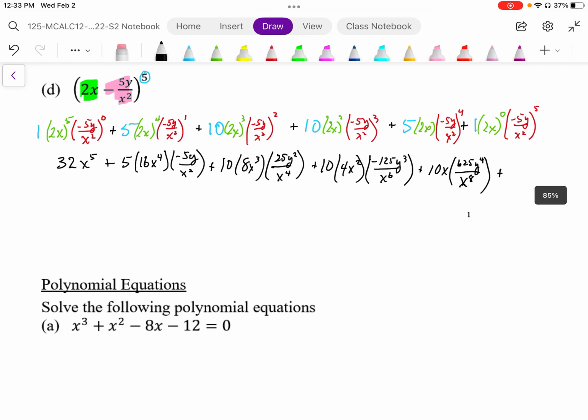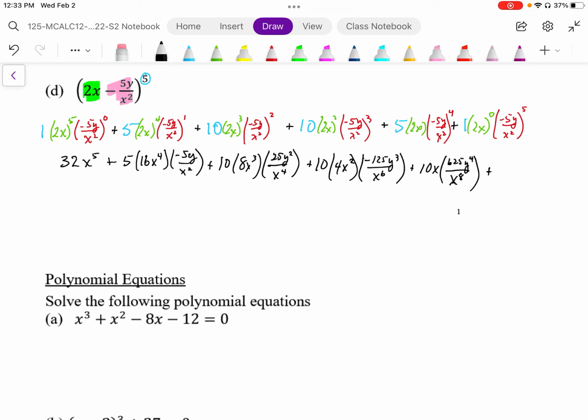And lastly, plus, and this is going to end up being negative 3,125 y to the power 5 all over x to the power of 10.